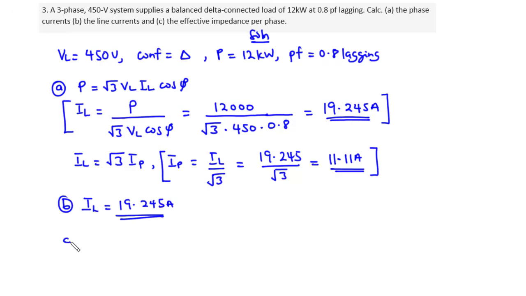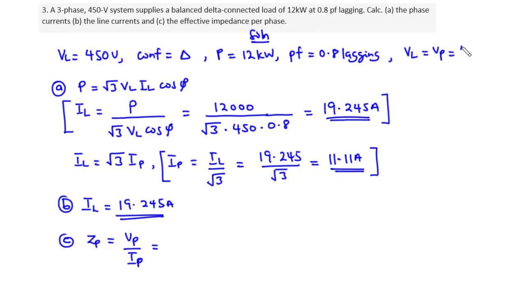Now let's move on to C, that is the effective impedance per phase. The impedance per phase is the voltage per phase divided by the current per phase. Now we have the voltage per phase to be equal to, because we are considering a delta connection, the line voltage is equal to the phase voltage.